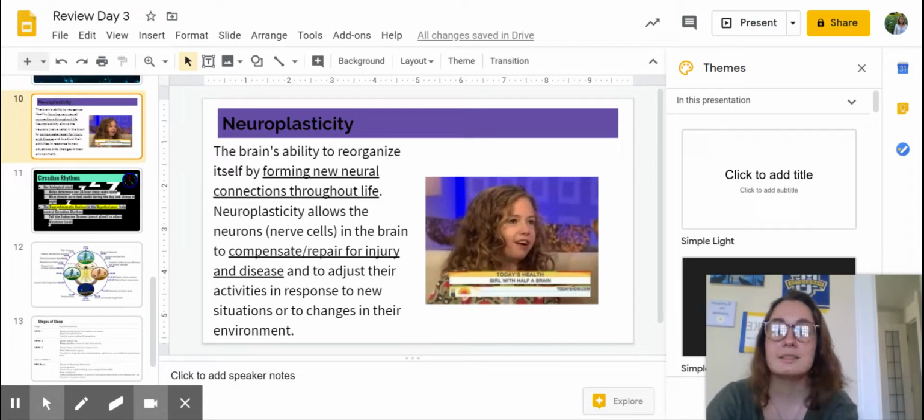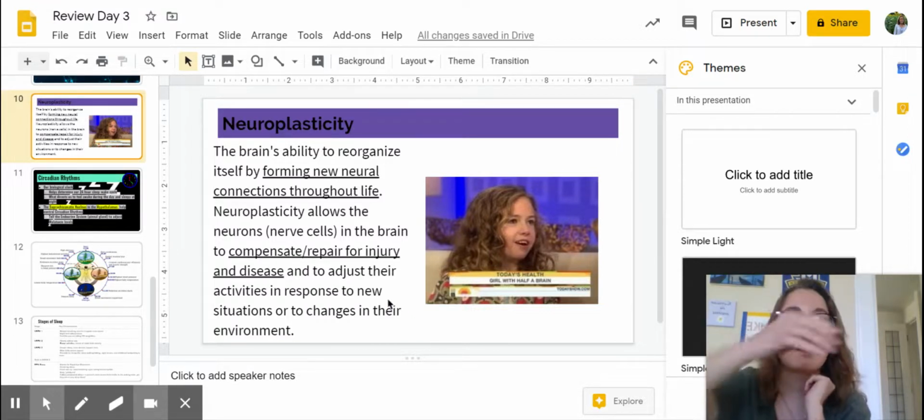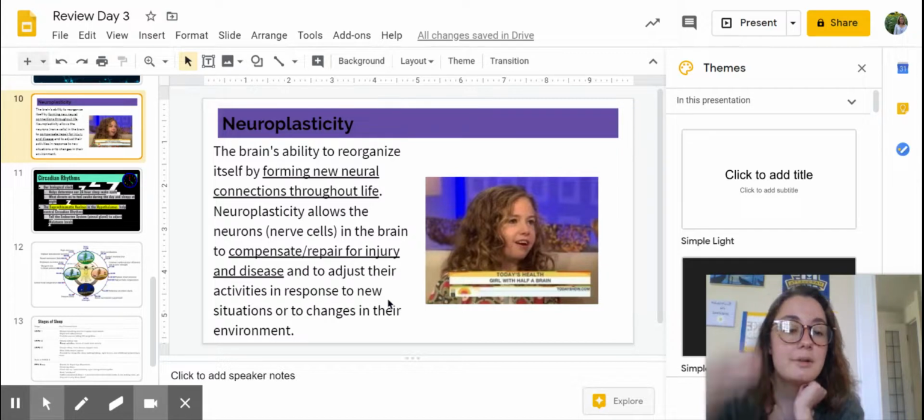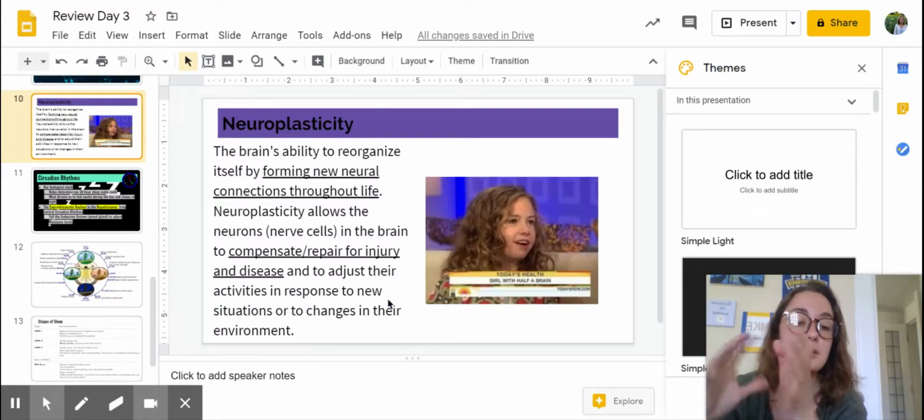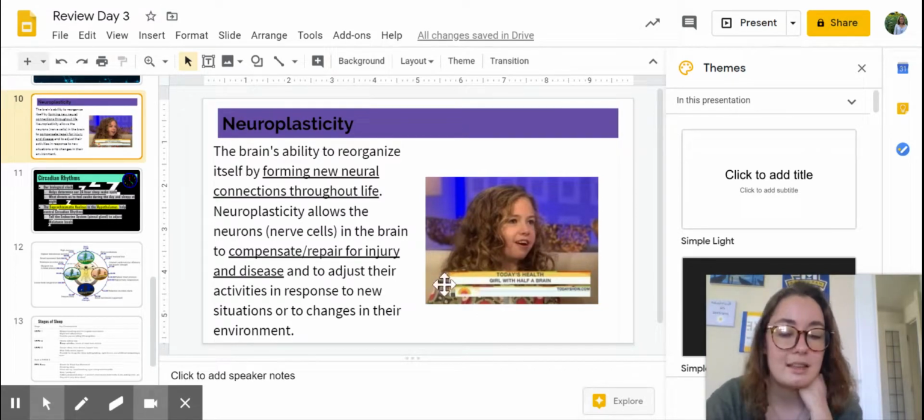So neuroplasticity, because we're forming these new neural connections, also allows the brain to compensate or kind of repair after an injury. So because of these new neural connections, you can really kind of adapt and sometimes take over functions. So maybe something was damaged and now another part can take over that previous function and make new neural connections and compensate in that way.